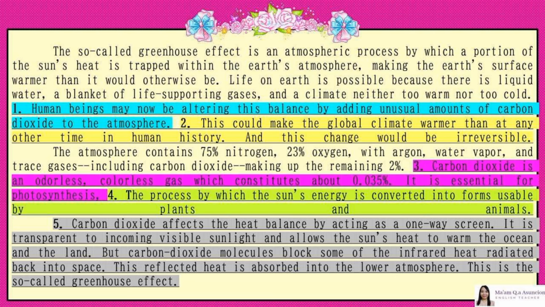Number 5. Carbon dioxide affects the heat balance by acting as a one-way screen. It is transparent to incoming visible sunlight and allows the sun's heat to warm the ocean and the land. But carbon dioxide molecules block some of the infrared heat radiated back into space. This reflected heat is absorbed into the lower atmosphere. This is the so-called greenhouse effect.